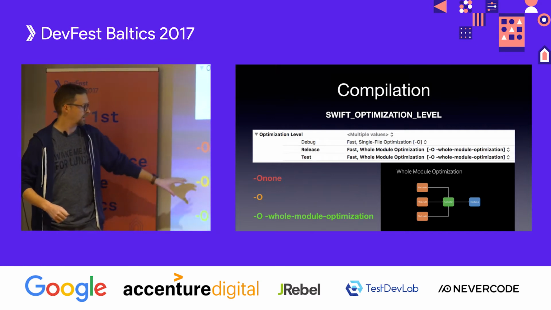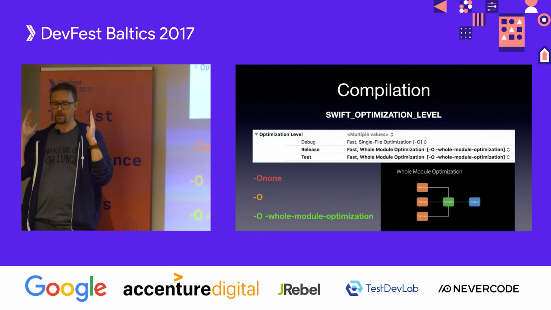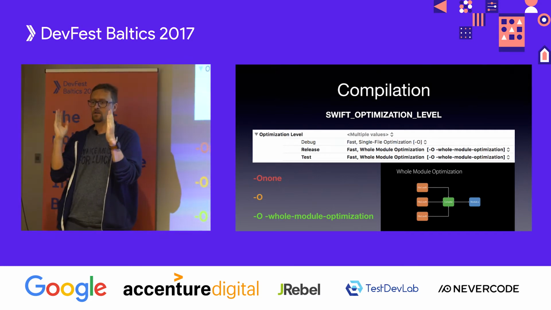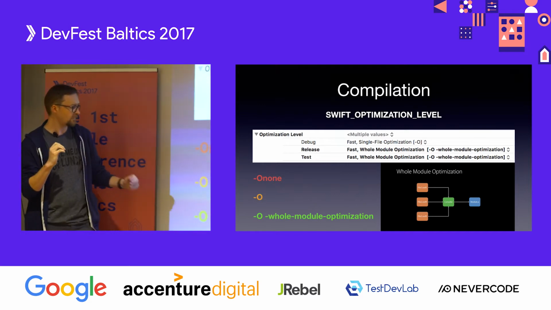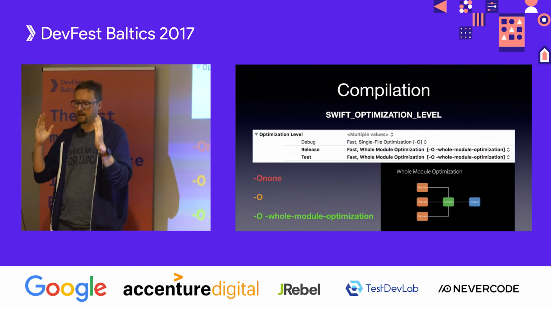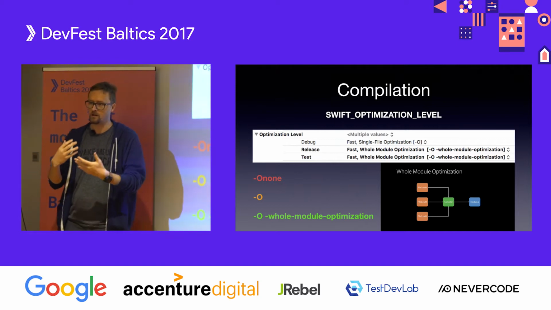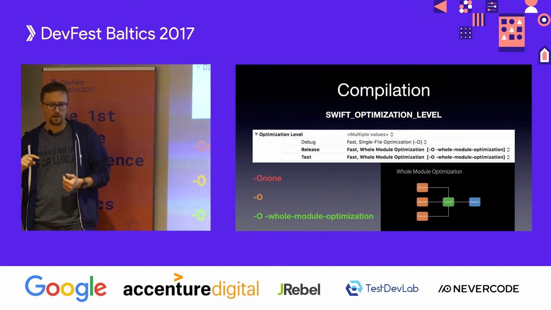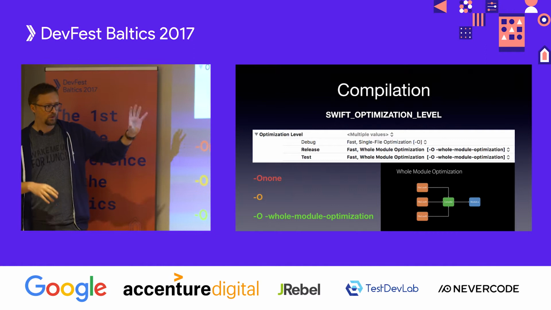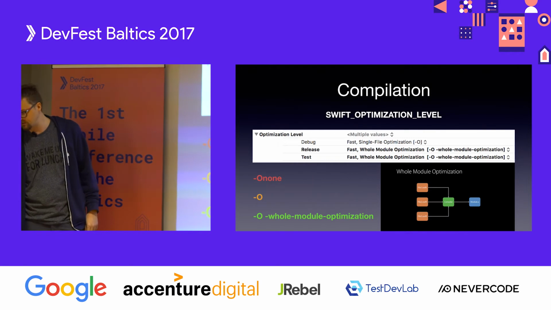The thing is, normally, when the code is compiled, the compiler sees just one file, so it can optimize only in the scope of one file. With whole module optimization, it starts to see other files and can take that into account during optimization. So it benefits all these loops that optimize code. With whole module optimization, the whole module is optimized at once. Well, incrementally, but it doesn't matter.